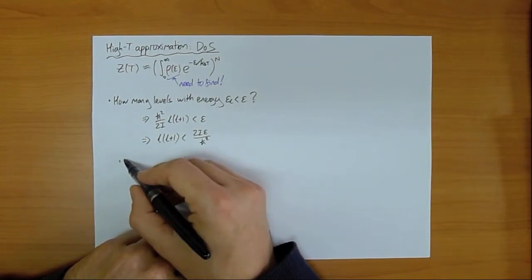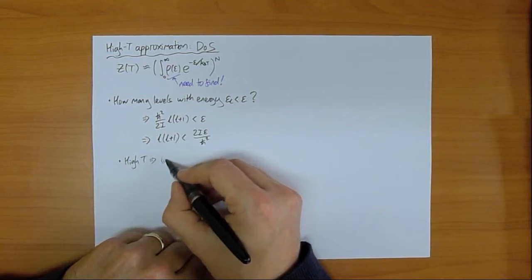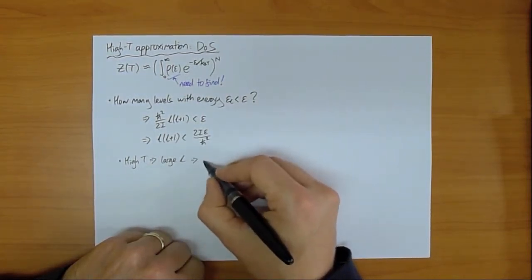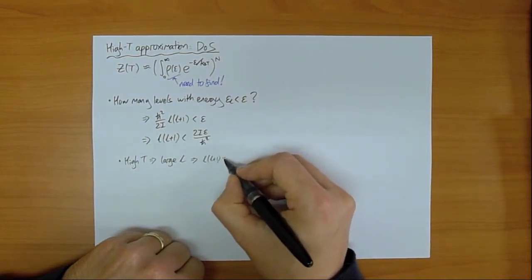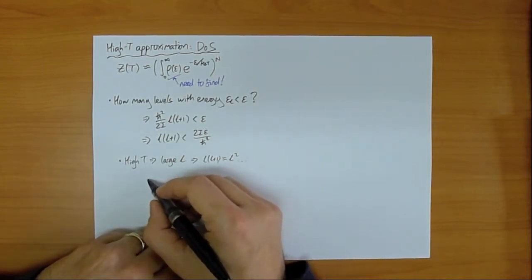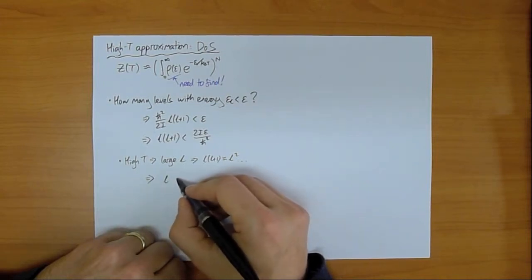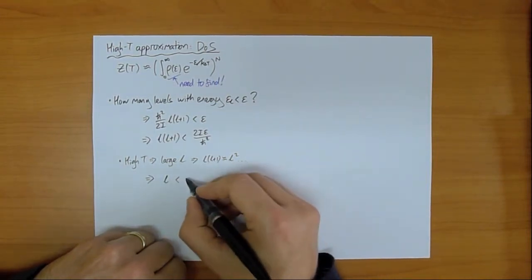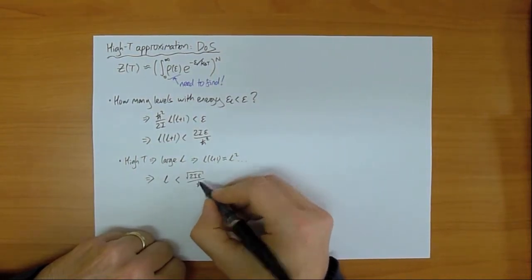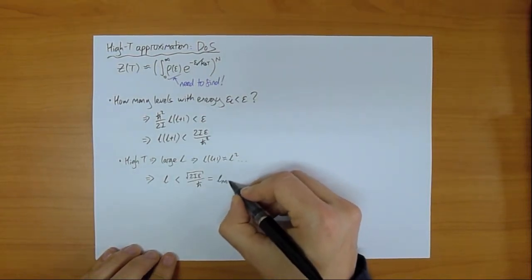So the high T approximation implies that the characteristic L is large, which means that L(L+1) is approximately equal to L squared, and then I can rearrange this equation and get that L is approximately less than square root of 2I epsilon over h bar. This is the maximum value L can take, so I'll call this L max.